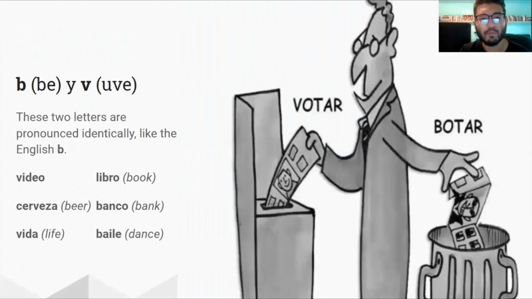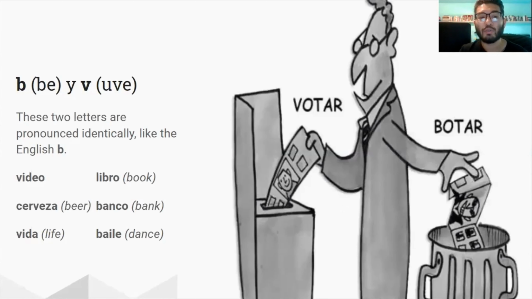Okay, but moving on from vowels to the pronunciation of specific letters, specifically two letters that have the same pronunciation in Spanish. This is not the case in English, of course. We know that B and V produce different pronunciations in English.